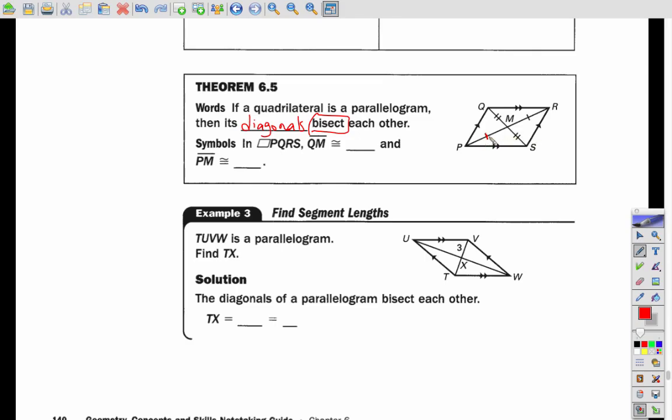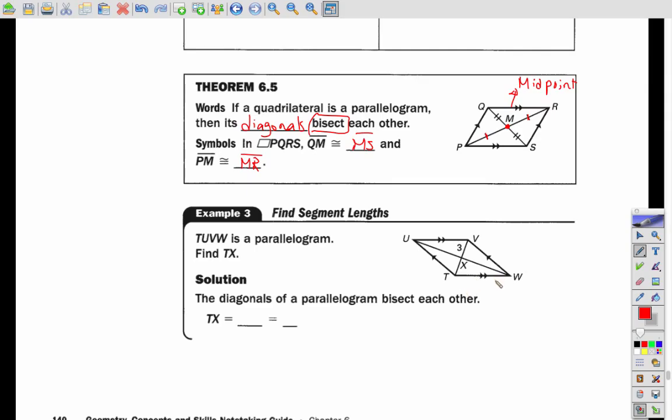So PM and MR are congruent, QM and MS are congruent. In other words, where they intersect at M is the midpoint. So M is the midpoint of the diagonals. So in parallelogram PQRS, QM would be congruent to MS, and PM would be congruent to MR. Okay?